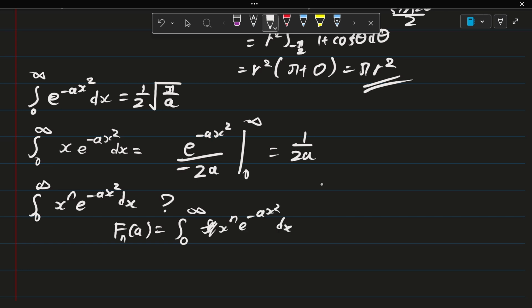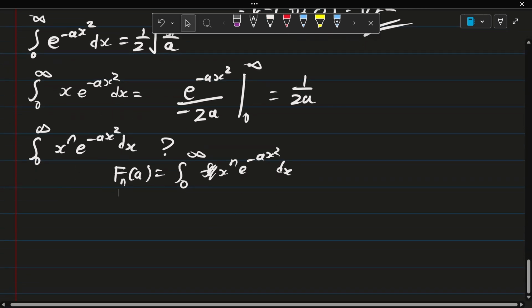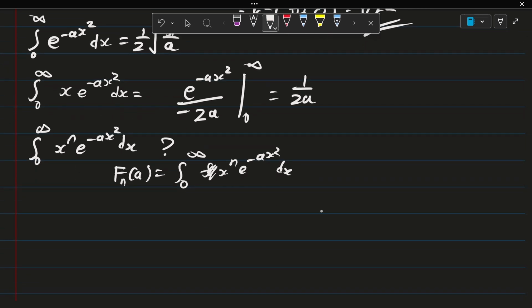Let's just state that to be F_n. So this will be denoted as the integral from 0 to infinity of the function of x and a, since it doesn't only depend on x, but it also depends on our a, because this is our independent variable.